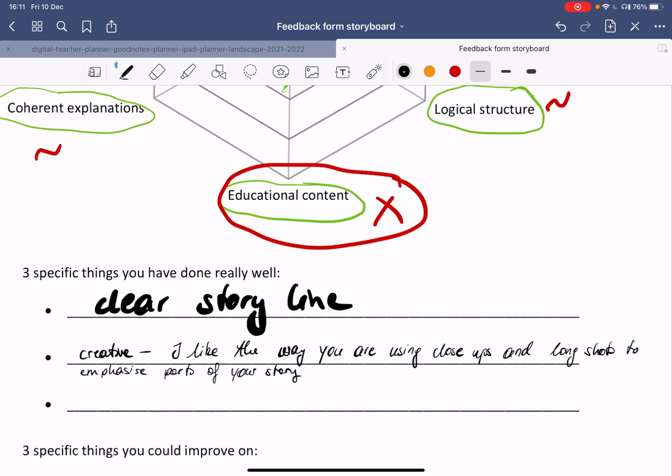And another strong point that I found is that the story's logical structure itself was clear to me. So I would say your story, not the math, but the story has a logical structure.